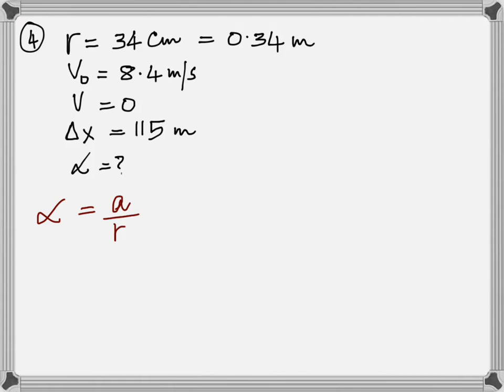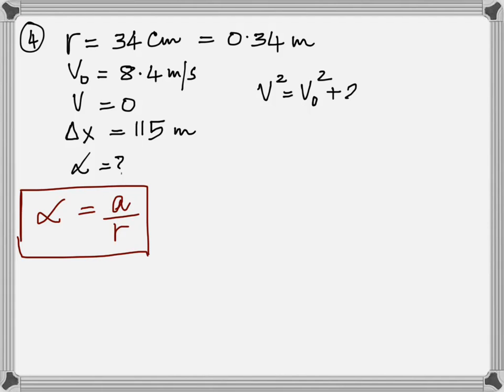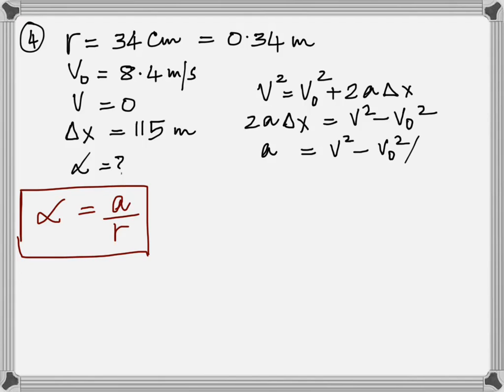So like I said, alpha is a divided by r, very important. And then first we use that equation, v squared is v naught squared plus 2a delta x, rearrange. You're trying to get a from there. Plug those numbers given.